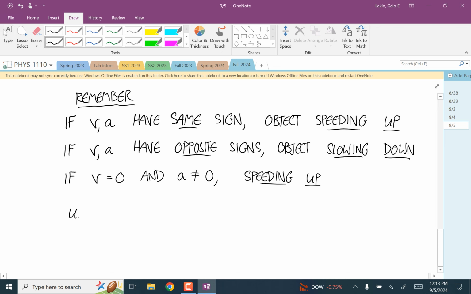The units for acceleration are always length divided by time squared.